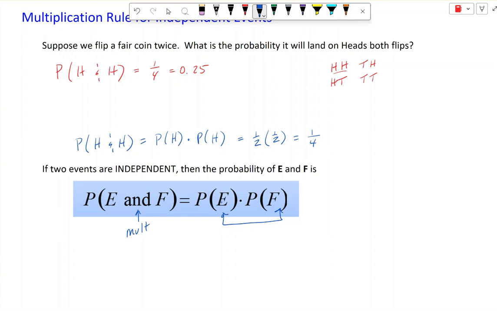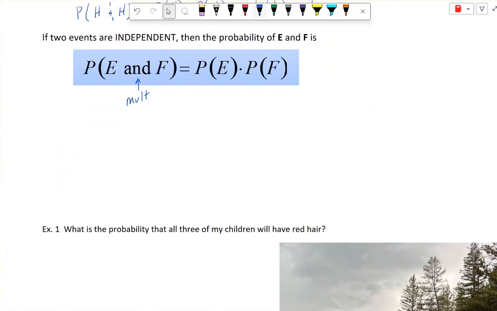So here in the rule, I have the probability of event E, and then I have a second event, the probability of F. Either way, I'm going to be multiplying probabilities together as long as the events themselves are independent of each other. So let's look at one example together that applies this rule.